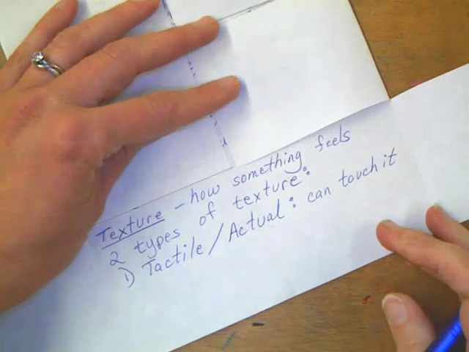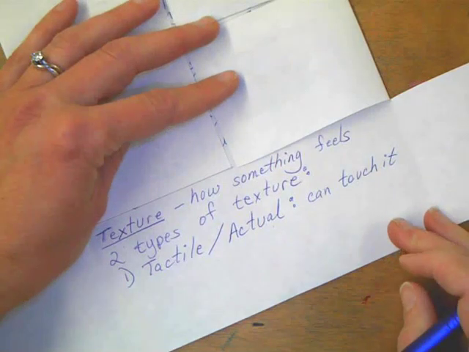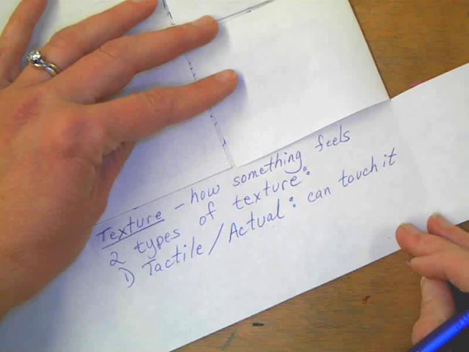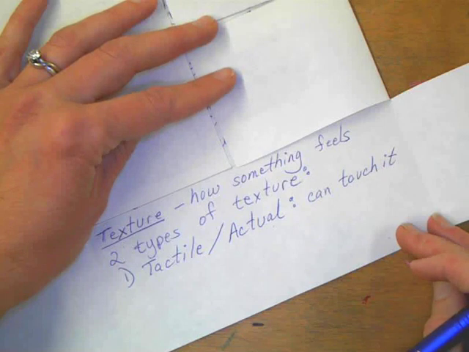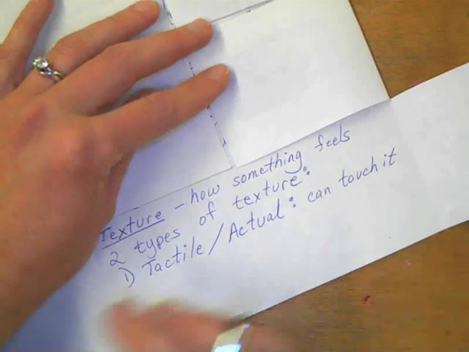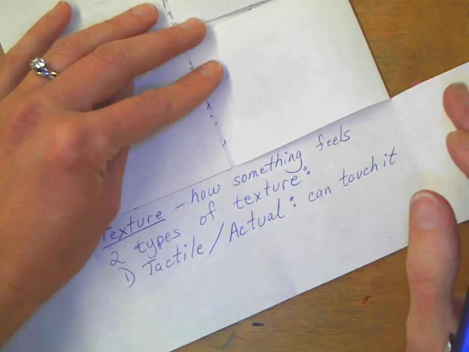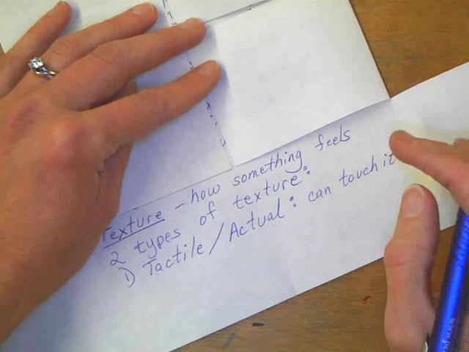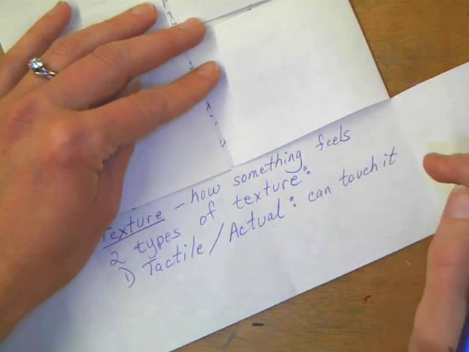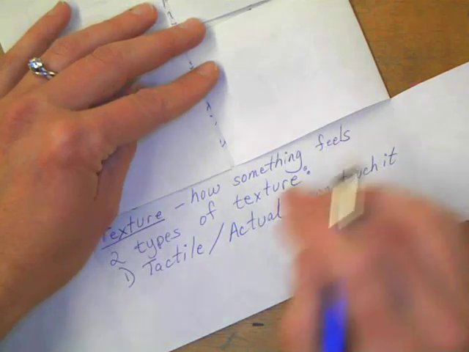You can say you can touch it. You can feel it. So those are things like on objects that are textured. So you can feel hair. You can feel smoothness of the skin. You can feel rough sandpaper, things like that.